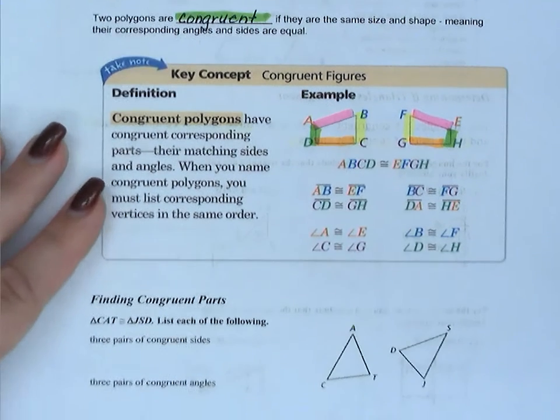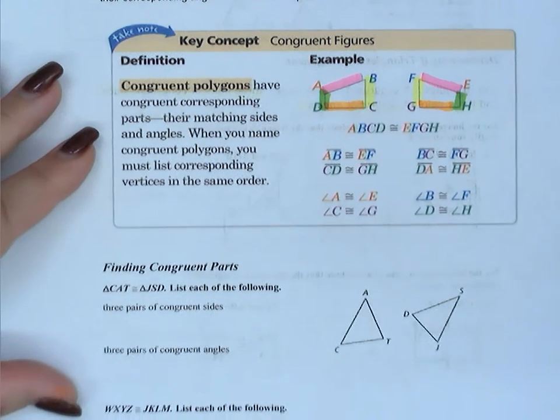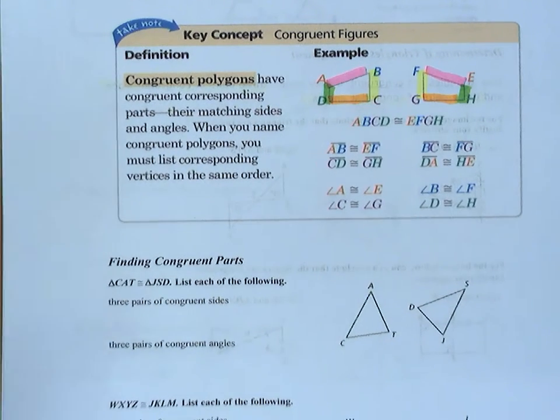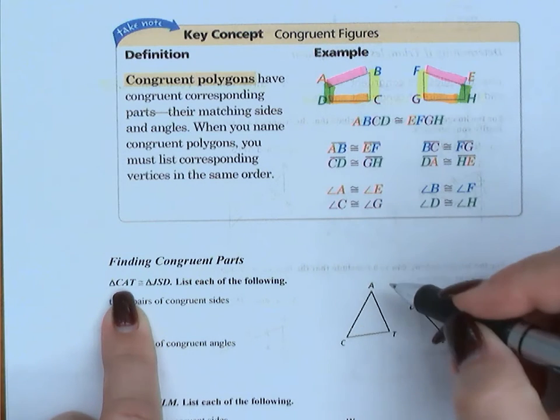Looking at this next part of our problem, we're going to find the congruent parts. We're going to list 3 pairs of corresponding sides. Again, I'm going to mark them the way that it's marked up here. CA is the first piece.